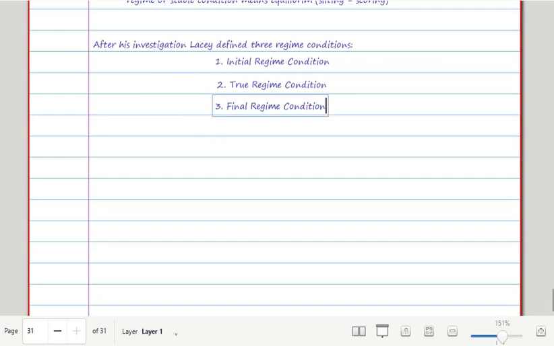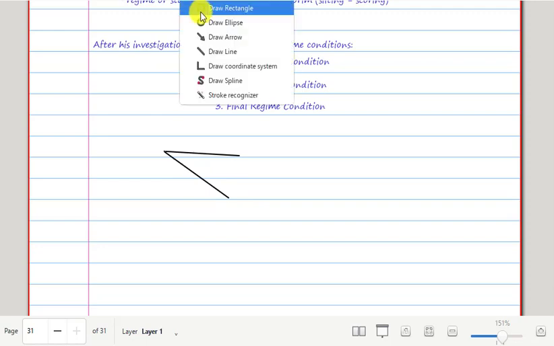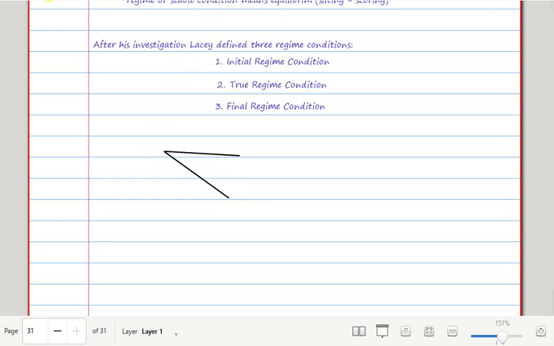Okay, so what are these initial, true and final regime conditions? What was his basis of study? Let's try to draw a figure. Let's say this is our source, which can be a river. Whenever an alluvial canal starts from a source like a river, initially the width of the canal is narrow, right? With the passage of time it starts increasing.